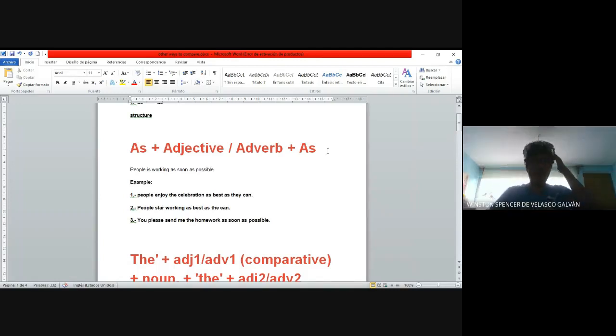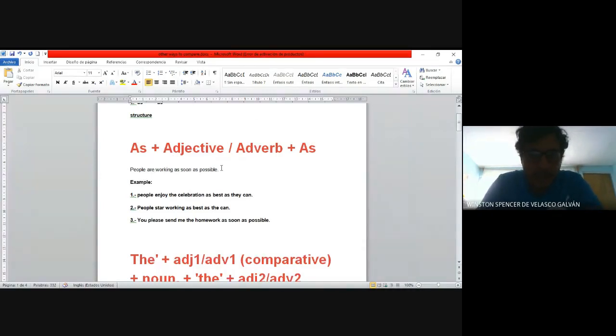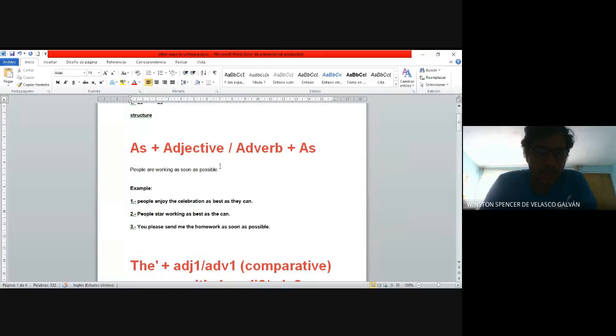Sorry, right here I made a mistake. People are working as soon as possible. La gente está empezando a trabajar lo más rápido posible. And I use this structure, look, as and as soon as possible. Remember, it could be an adjective or an adverb.